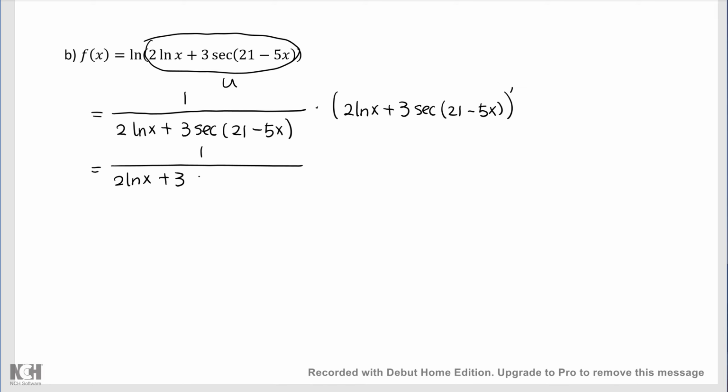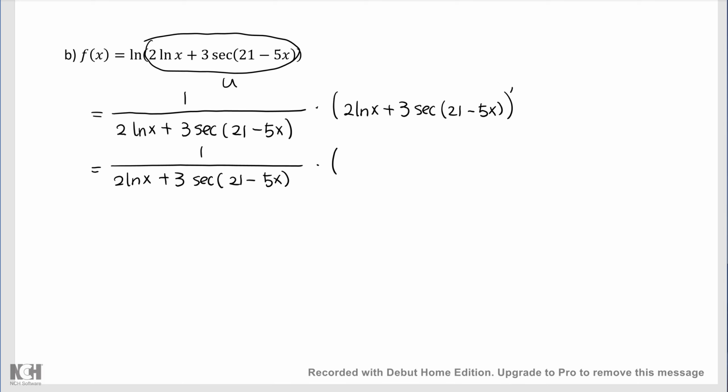That's our u. And don't forget u prime. u prime is the derivative of 2 ln of x plus 3 secant of 21 minus 5x. Okay, let's continue. So we have 1 over 2 ln of x plus 3 secant of 21 minus 5x.